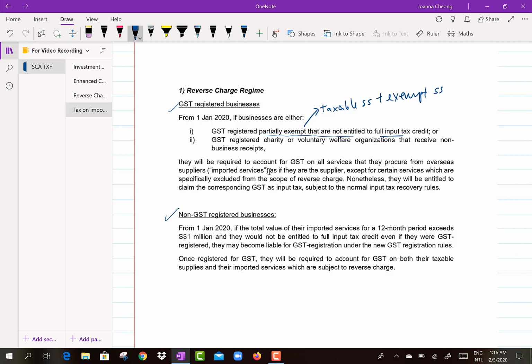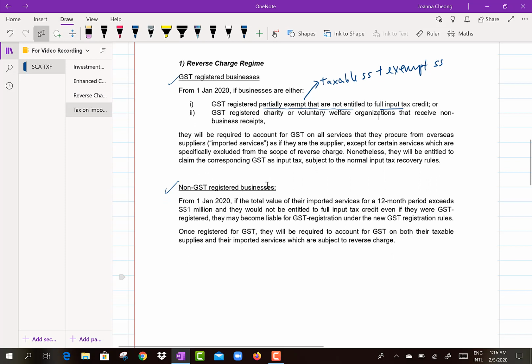Or they are a GST registered charity or voluntary welfare organization. So these people will need to, from 1st of January 2020, account for GST when they buy digital services from overseas. So what about this group of non-GST registered businesses?